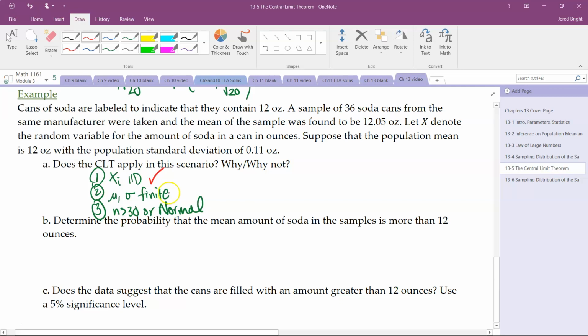Yep, they're each finite numbers, 12 and 0.11 respectively. Okay, and then do we have either the cans following a normal distribution or the sample size being greater than 30? We have the sample size is 36, so that's satisfied. Okay, so I'm going to say yes, CLT applies.